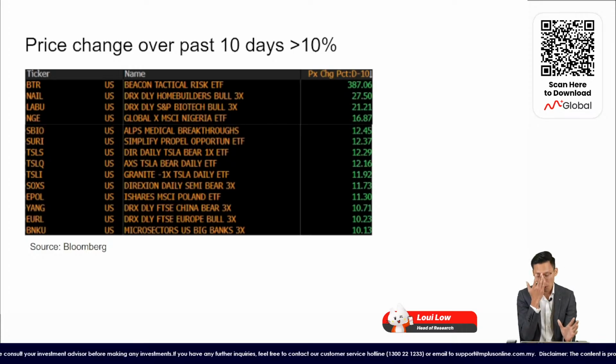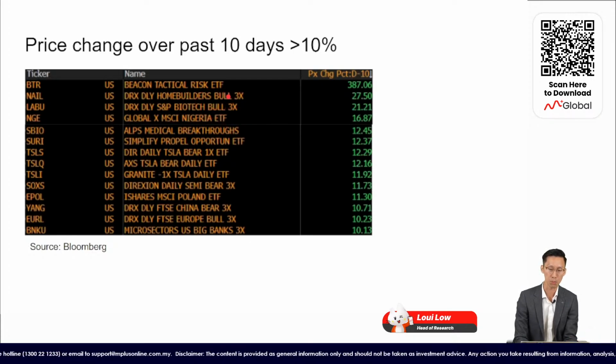Okay, so to dissect these ETFs, later on we will have a very detailed session on ETFs to talk about who the issuers are and what sort of direction they are providing traders. So you can see in this slide, some are bull, some of them are bear.